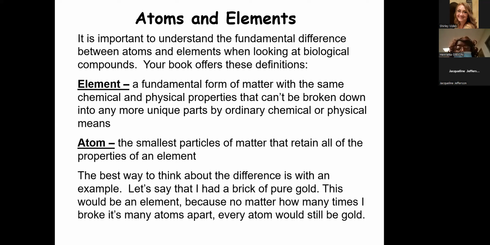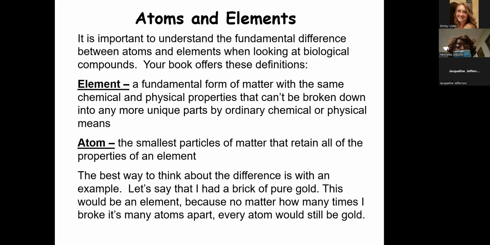In other words, it is as small as you can get. Just like the basic unit of life is a cell, right? If you broke that cell up, you could break it into its parts, but it would no longer be a cell and it wouldn't function as a cell.